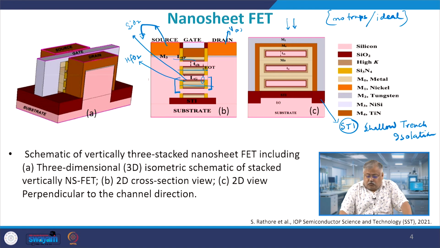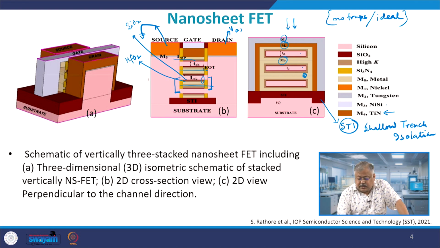Now, if you see very closely, this pink color is silicon through which the current is flowing, above which you have silicon dioxide followed by high K material, and then you have this metal 1 layer and then metal 3 layer and a metal 4 layer. The metal 3 layer is the outermost layer of the metal. Metal 4 layer is basically your titanium nitride, right.